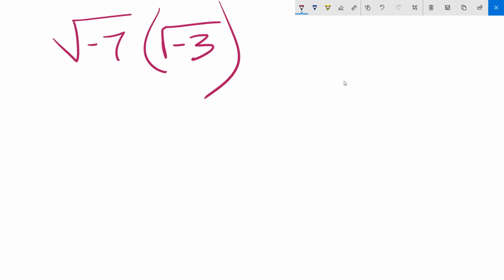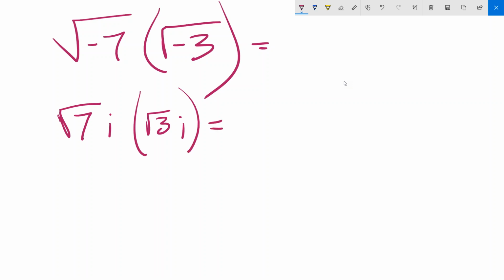What's that equal to? If you did it the normal way, what would it be equal to? So that would be root 7i times root 3i, which is root 27i. Okay, that's the proper way. Gives you what?